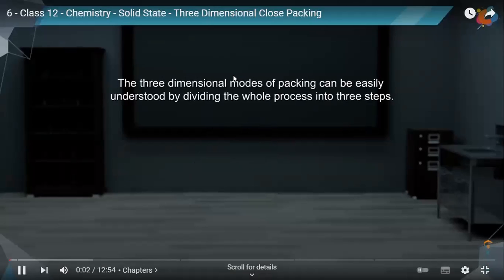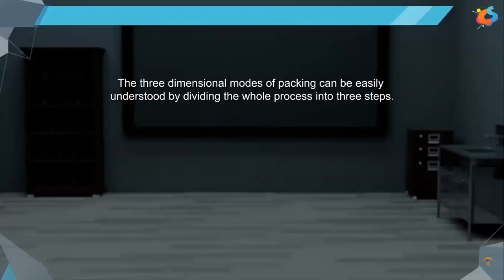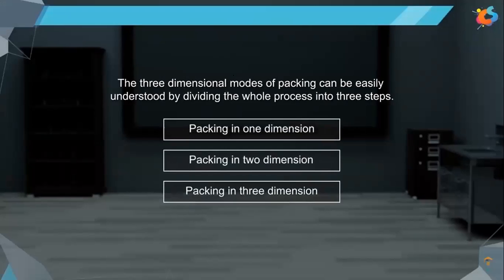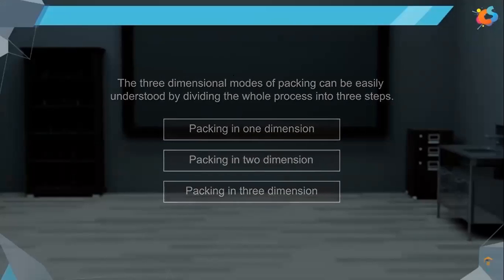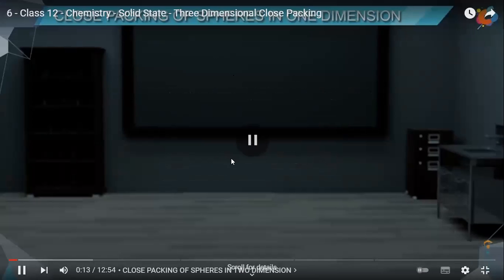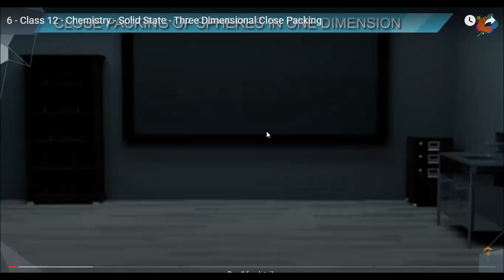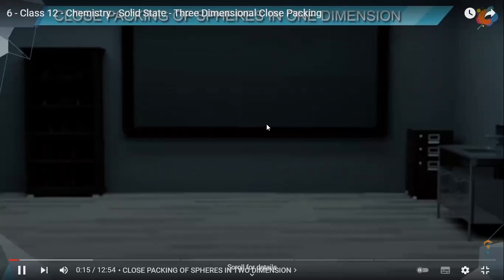The three-dimensional modes of packing can be easily understood by dividing the whole process into 3 steps. Close packing of spheres in one dimension.